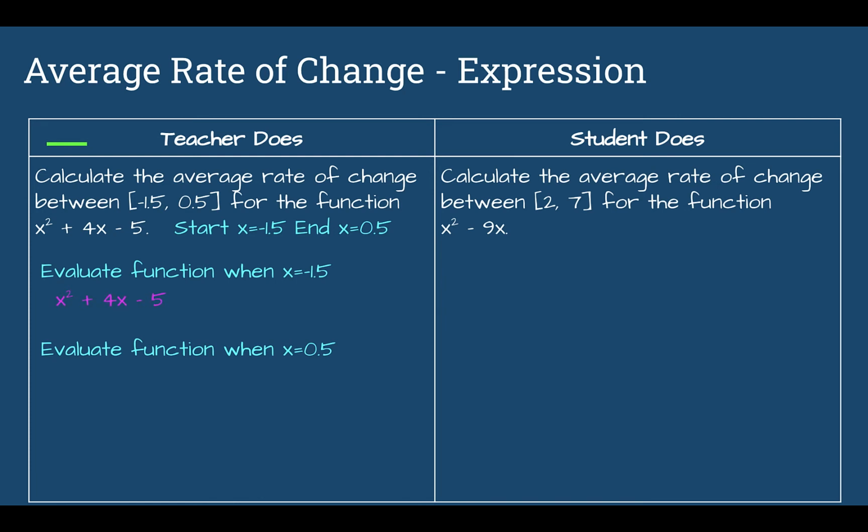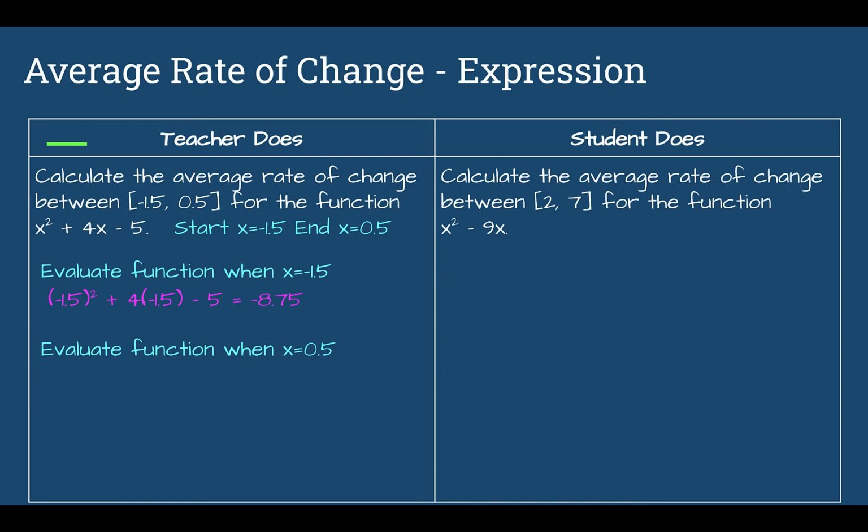What that means, if you remember back to topic 2 and 3, evaluating means that you plug in that value for x and calculate out what it is. So if I plug in negative 1.5 in for every place that x was, shown here in the parentheses, and I calculate that out, I end up with negative 8.75.